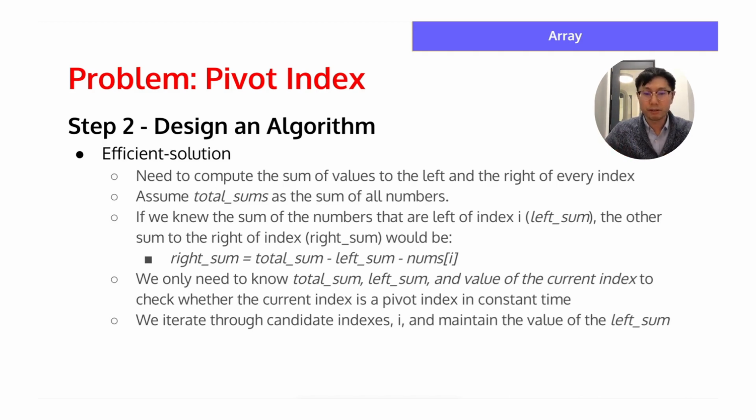We only need to know the total sum, left sum, and value at the current index to check whether the current index is a pivot index in constant time. Then we iterate through candidate indexes i and maintain the value of the left sum.